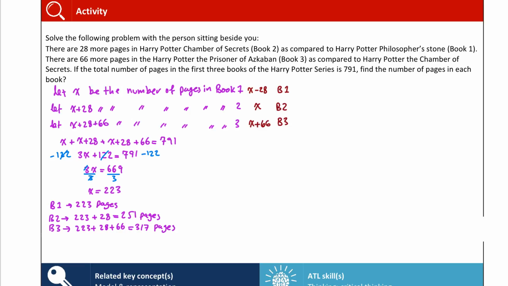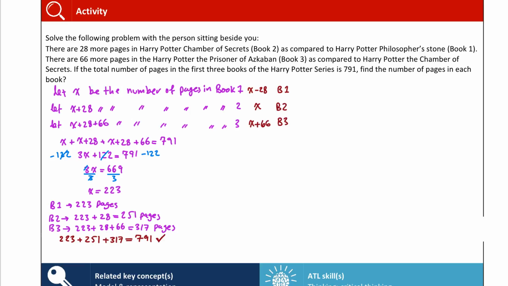To check my solution, I can add up the number of pages in the 3 books. So 223 plus 251 plus 317, and that should give me a total of 791. And they do add up, so my solution is correct, so I can give myself a check mark there.